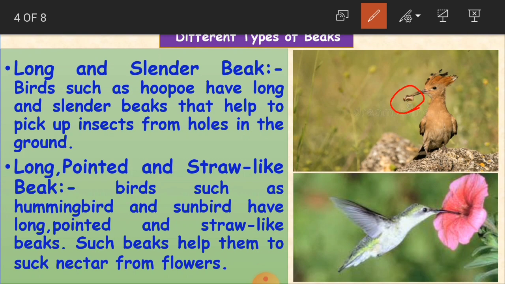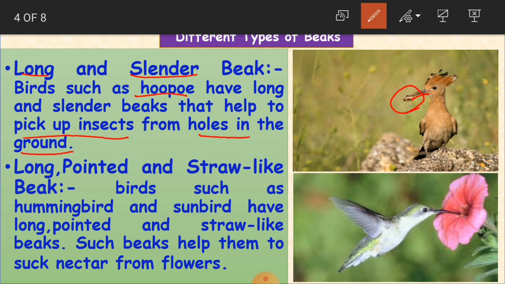Long is long, and slender is a very thin type of beak. The bird which has such a beak is the hoopoe. This bird is known as the hoopoe.